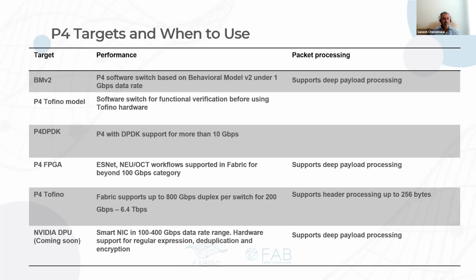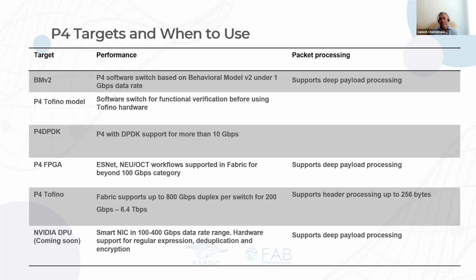And then there is the P4 Tofino that we have been discussing so far. It can support up to 800 Gbps in FABRIC, but the switch itself supports up to 6.4 terabits. The restriction there is that it has a lot of other restrictions that we looked at previously, like the control flow restrictions.